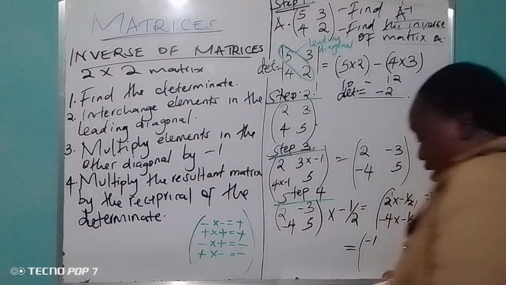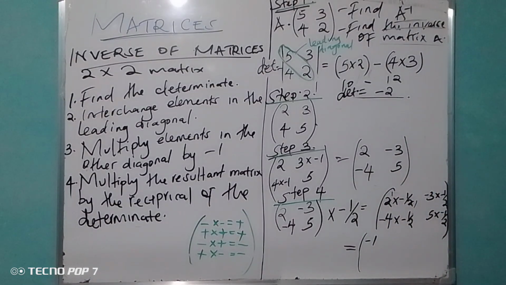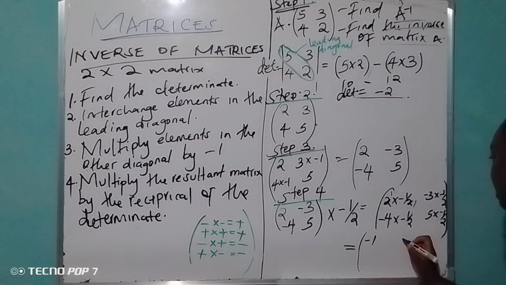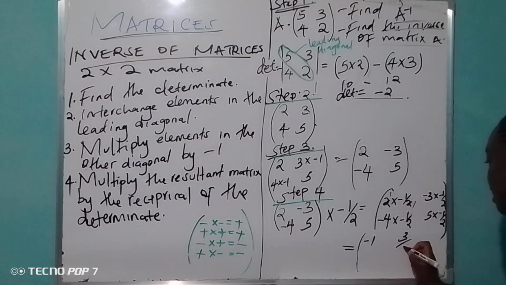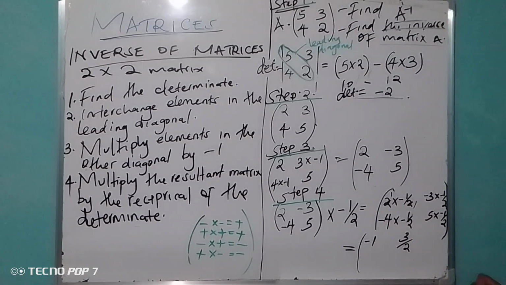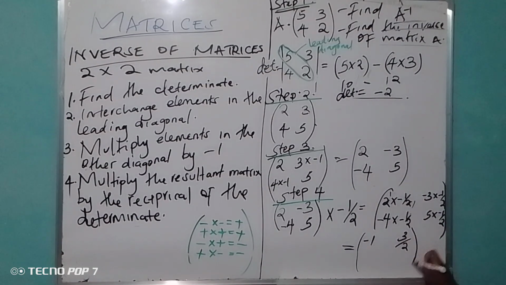So when we say -3 times -1/2, itakuwa 3/2. Sindio? 3/2.